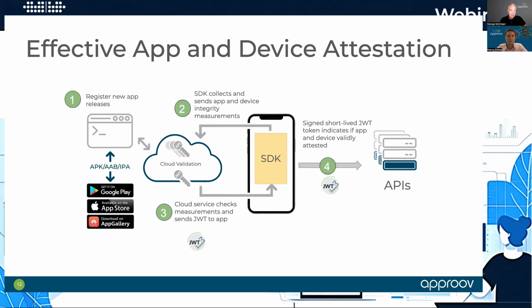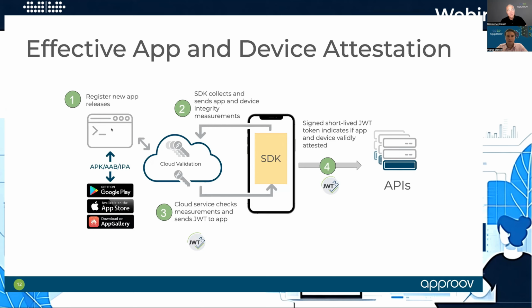So we're using Approov as an example here, and this is how Approov works. So first thing, of course, is you register a new app before you put it into the App Store, and there's a fingerprint taken of that app release and stored in the Approov cloud service.